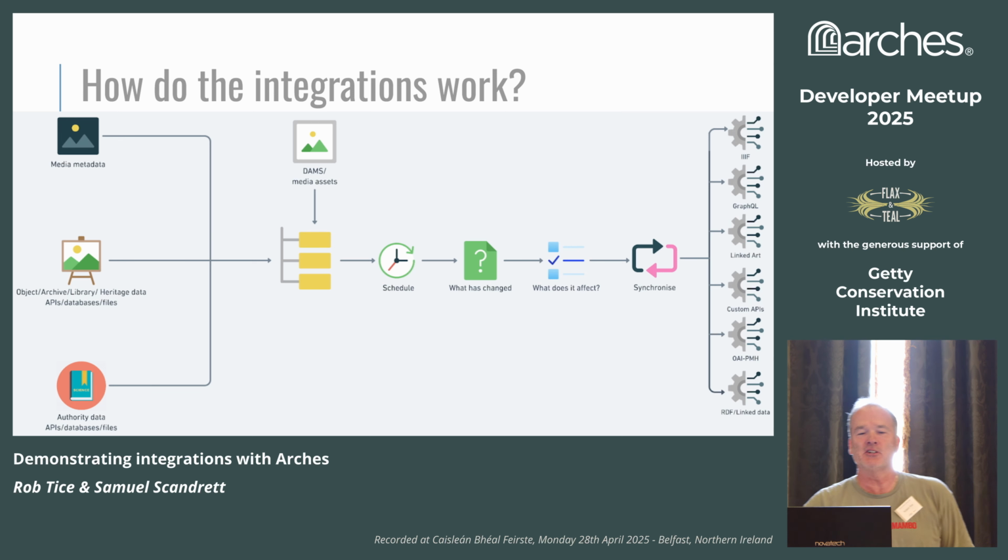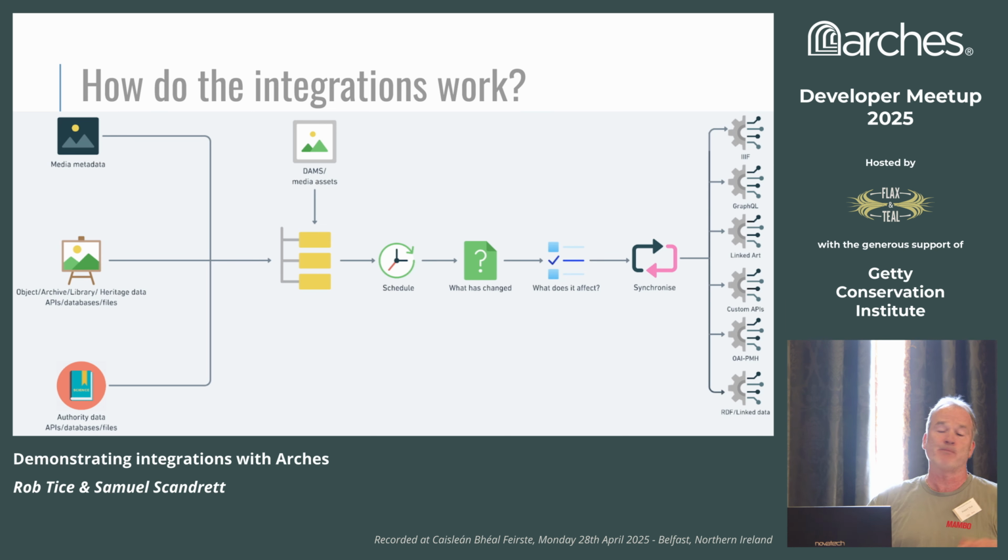And then moving on to what it's actually doing. Basically, it's a scheduling platform to talk to multiple system providers, Archers being one of them. It brings the data into an internal graph representation on a scheduled basis, works out what's changed, resolves the graph, works out what the changes affect more widely, and then synchronizes different target platforms where the data can be further syndicated.